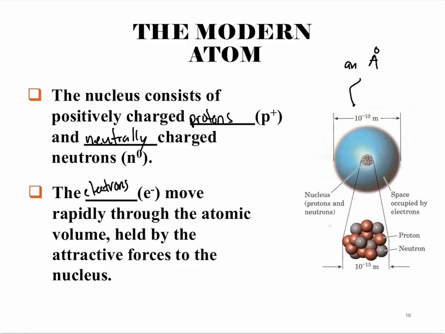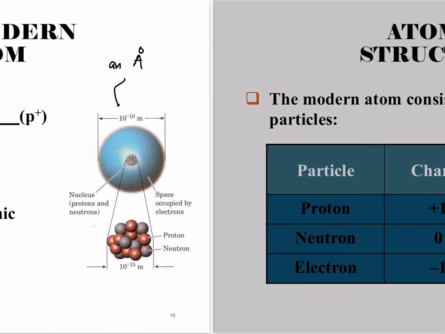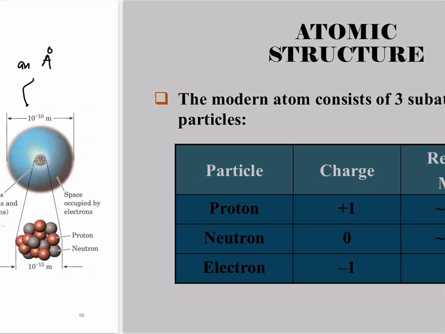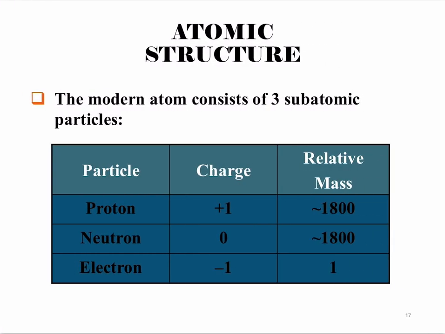And so this was then the revised version of the atom, right? So this is how we think of the atom currently in terms of its structure, but there were also still some things that had to be resolved in terms of this structure. The three subatomic particles, again, were the proton, neutron, and electron.